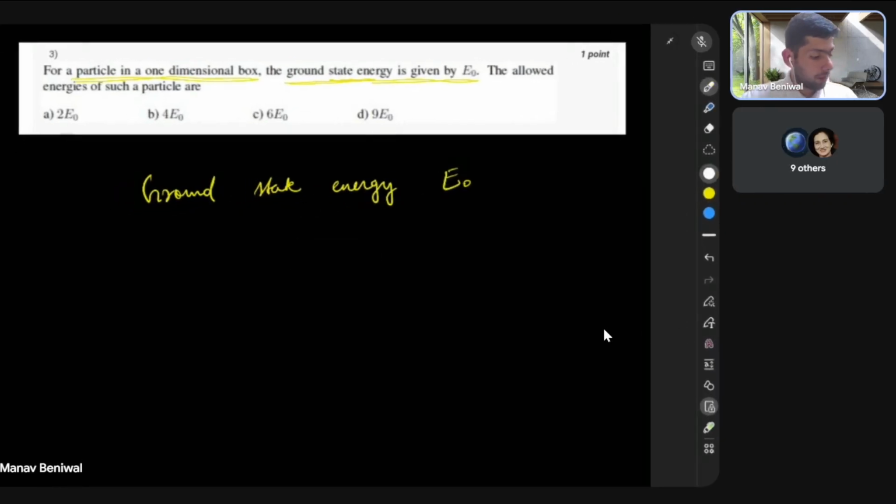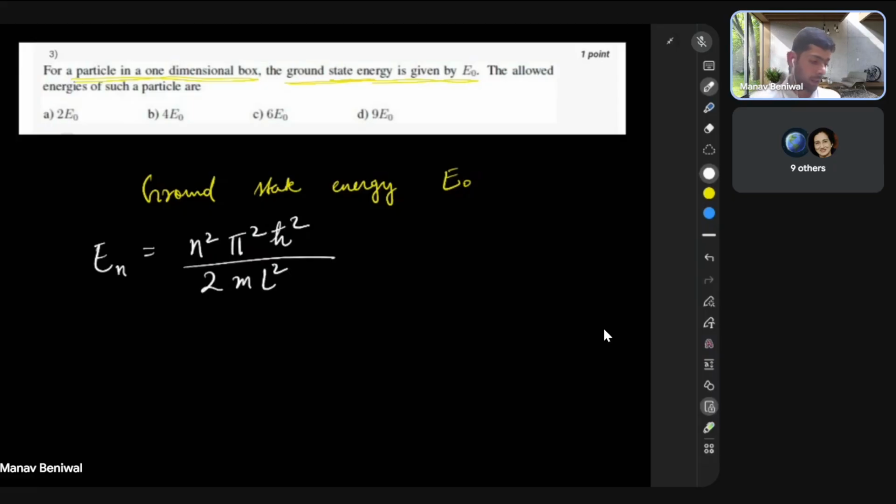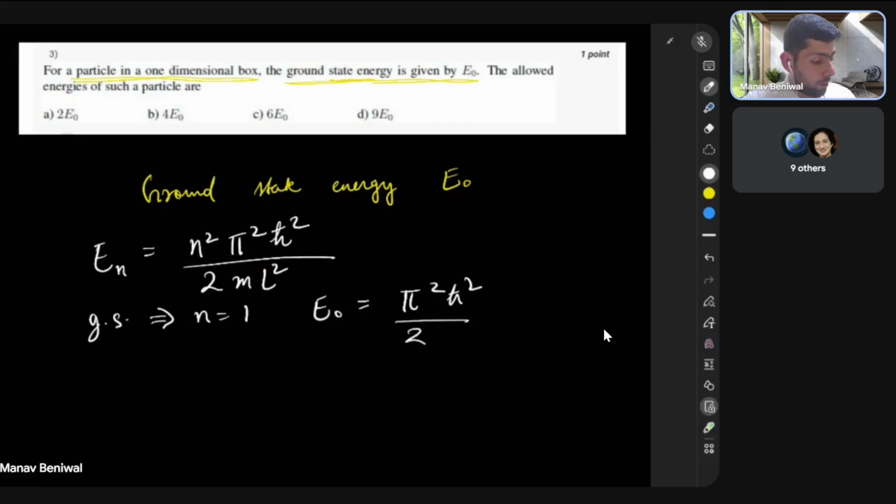So if you remember the energy of a particle in a one-dimensional box, we know that E_n is n squared pi squared h cut squared over 2 m L squared. And for ground state, our n is 1. So ground state means n is 1. So our E naught will be pi squared h cut squared over 2 m L squared.